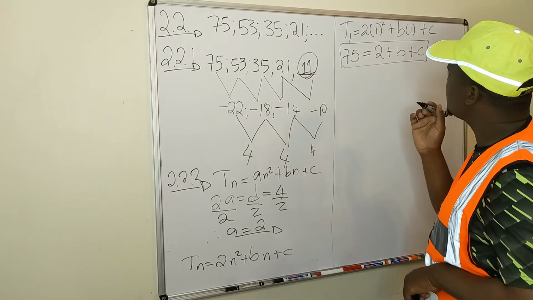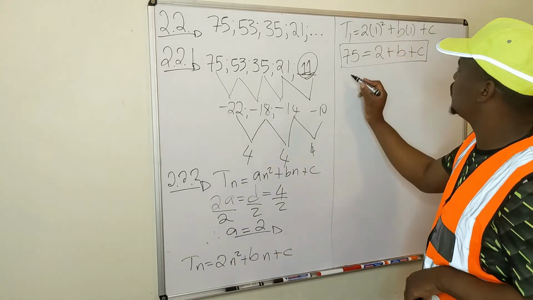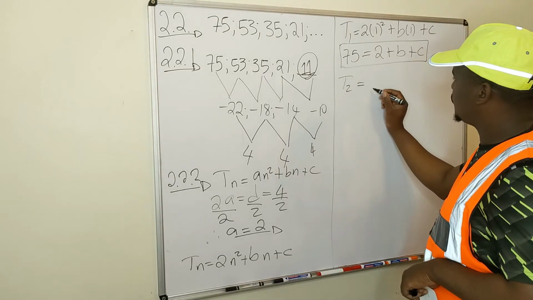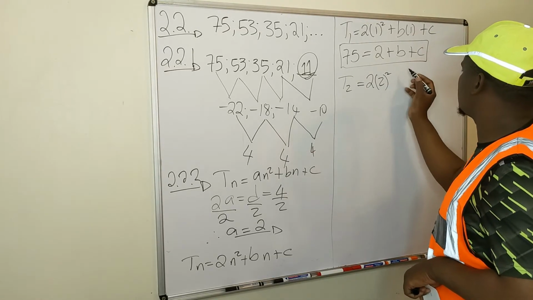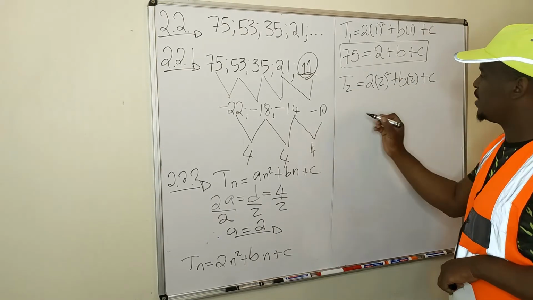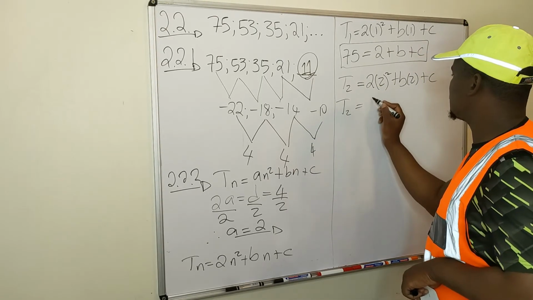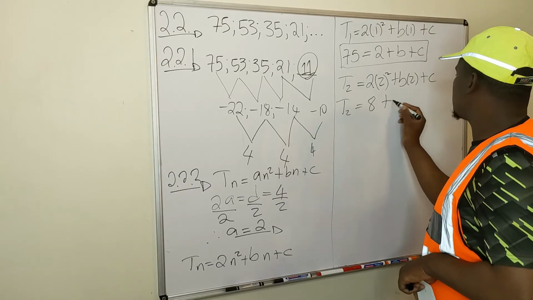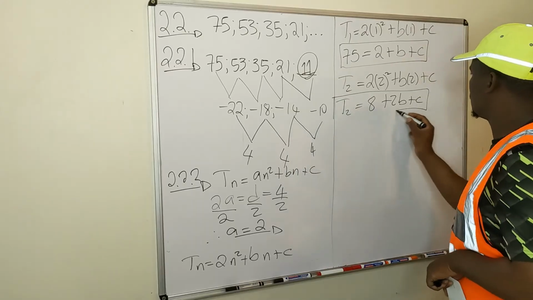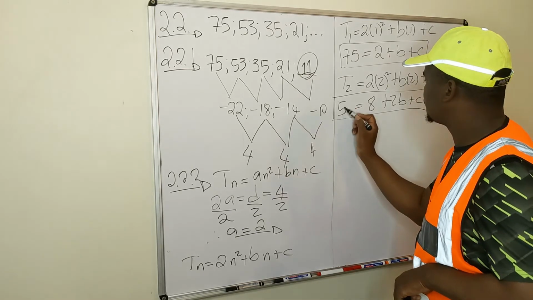Do the same thing for the second term, T2. You put 2 in: T2 is equal to 2 times 2 squared plus b times 2 plus c. Then you simplify: T2 is equal to 8 plus 2b plus c. You know what T2 is, right? T2 is 53.